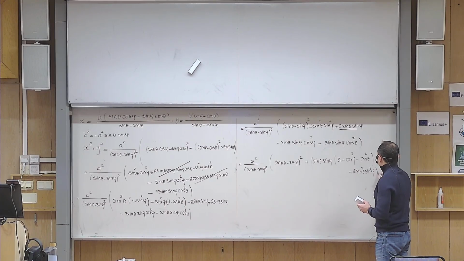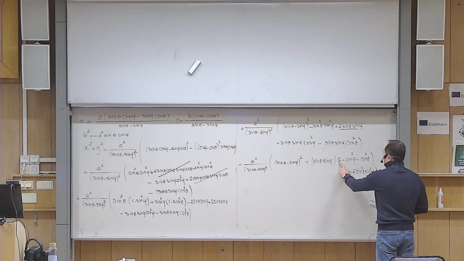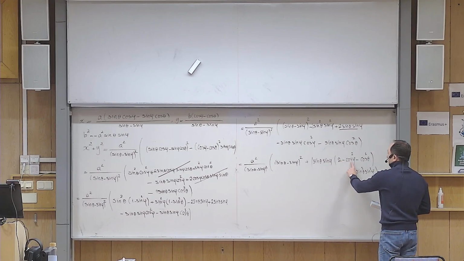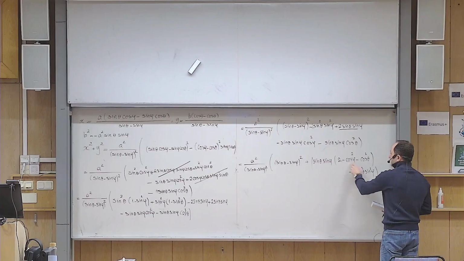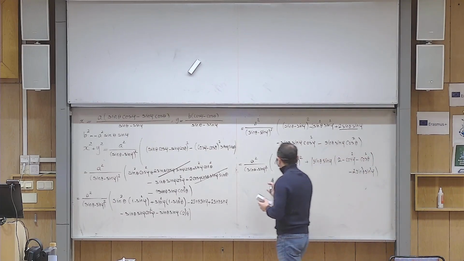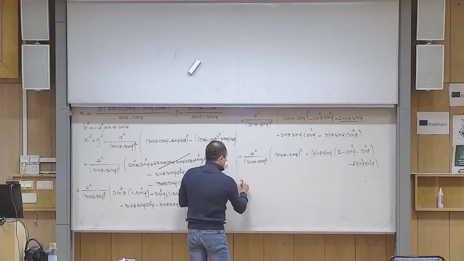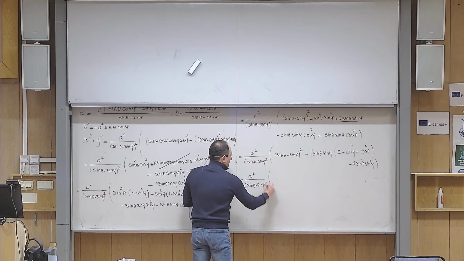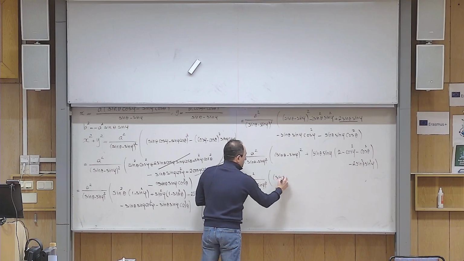Now the good news is that I can borrow one of these ones and give it here. It gives me sine phi squared. I can borrow the other one and give it here. It gives me sine theta squared. So this is nothing except sine theta squared plus sine phi squared, which is a good thing. So this becomes a squared over sine theta minus sine phi squared, and this one I copy and paste.